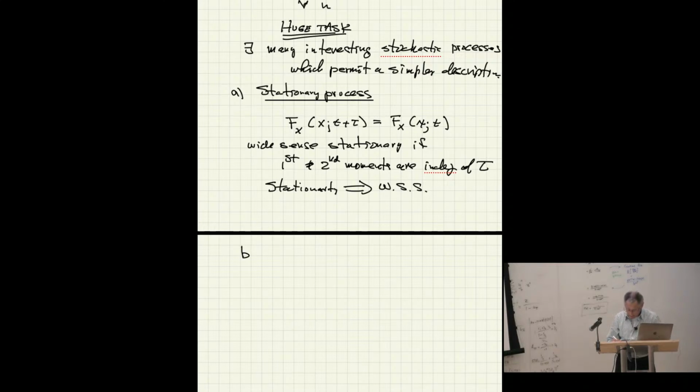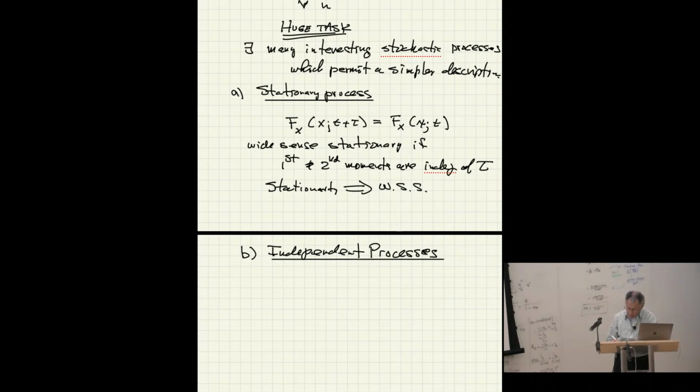Next, I want to talk about independent processes. And instead of using the cumulative distribution, capital F, I'm going to use the density, little f. It's a little easier to write down.